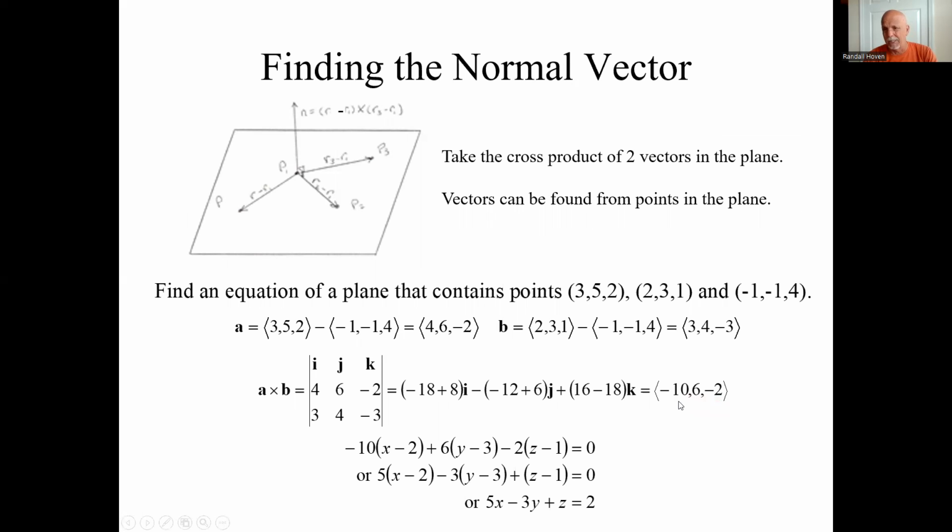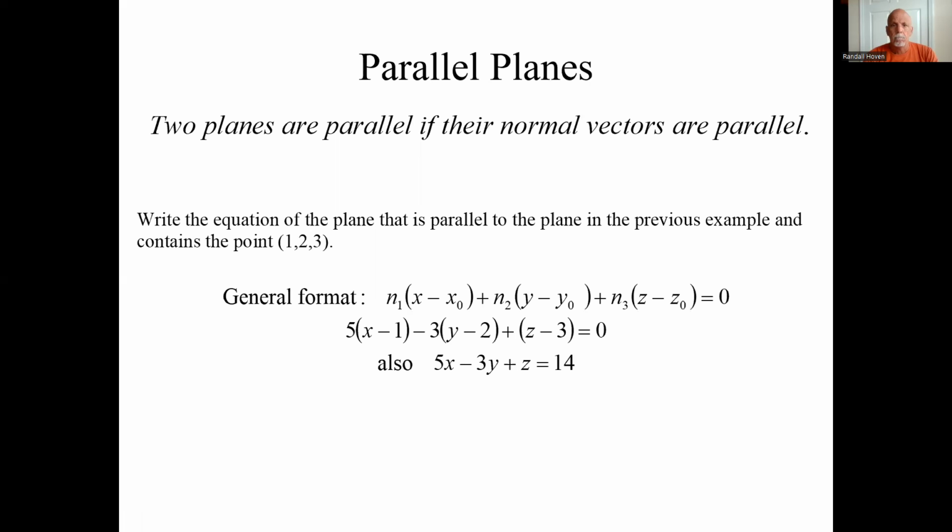I can divide by, let's see, -2 and get 5, -3, 1, right? Well, I have 5, -3, 1. And then the point was 1, 2, 3. So x minus 1, y minus 2, z minus 3. It could be simplified, but this is an adequate answer in my class.